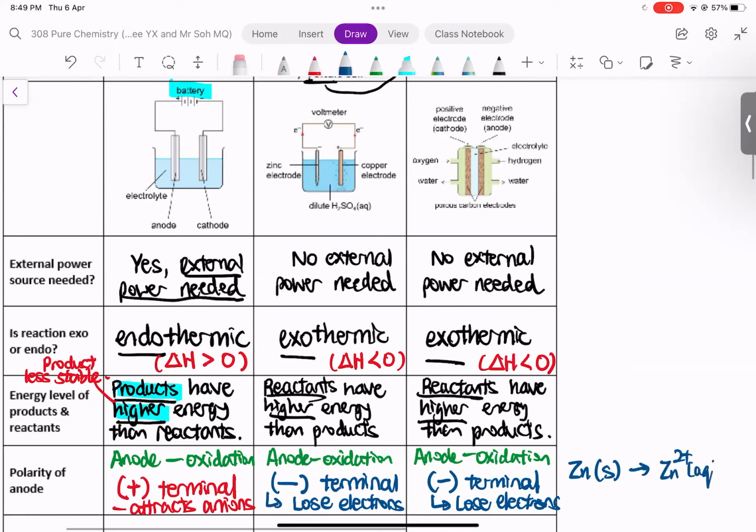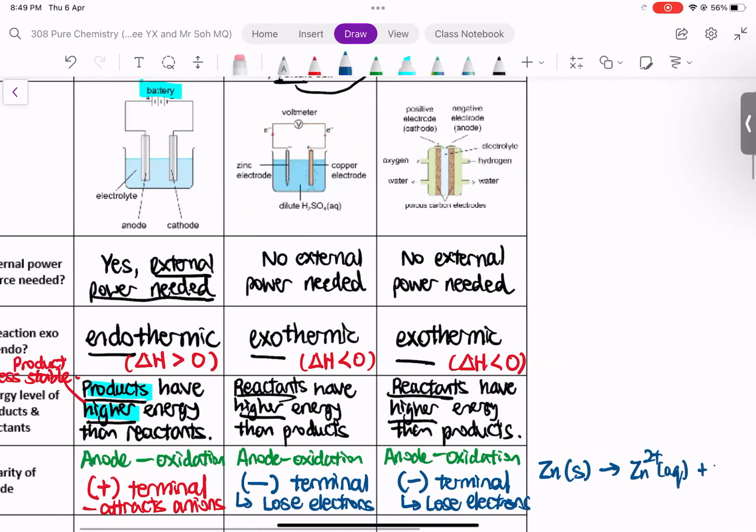If you write the half equations out, you will immediately realize that electrons are produced. Therefore, at the anodes of electric cells, electrons are produced. It's a source of electrons for the circuit itself. Therefore, it's negative because the electrons are negatively charged. Okay?